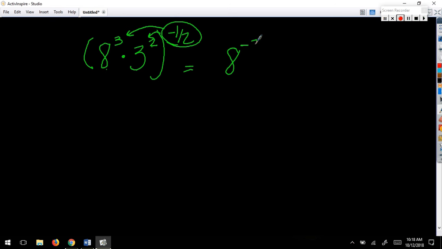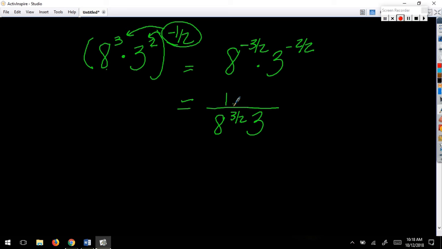So I get 8 to the -3/2 times 3 to the -2/2. If you recall what negative exponents do, they flip. So I've got 8 to the 3/2, and then 2 divided by 2 is 1, so I just get times 3. We're not going to worry about rationalizing this out just yet. We will eventually, but right now I just want you to see how these properties work.